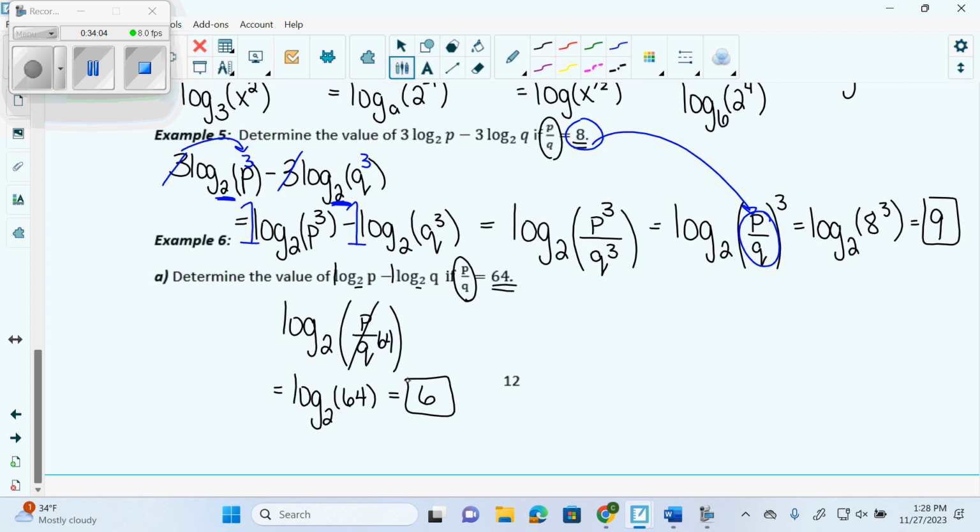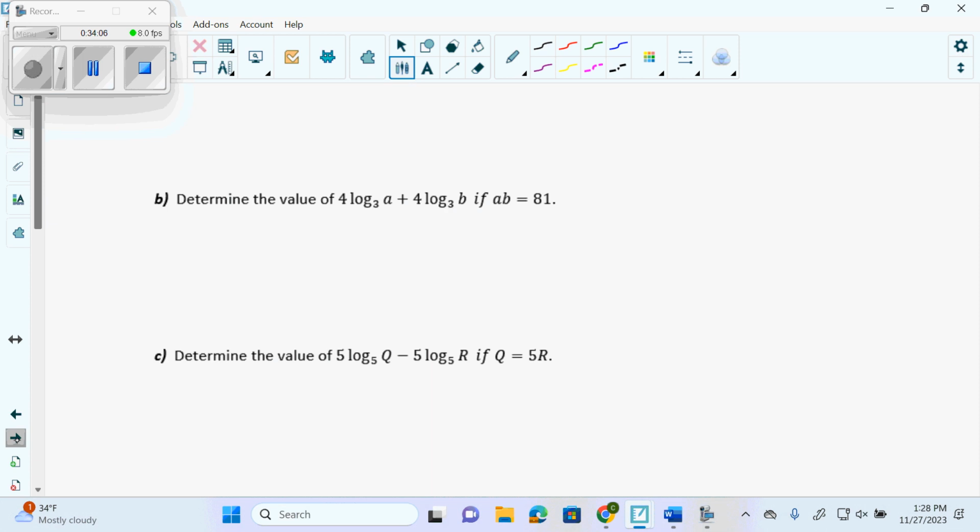Then we're flipping over. Okay, these have 4's in front, which is a problem, but I can bring the 4 up here, and I can bring the 4 up here. So now I have base 3, and plus 1's in front. So I get log base 3 of a to the 4 times b to the 4. They stay in the numerator.